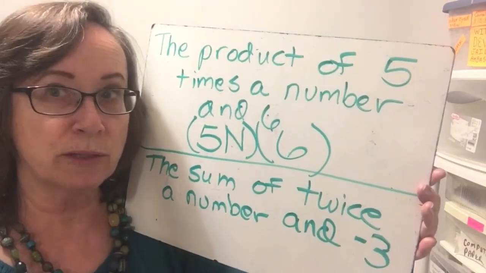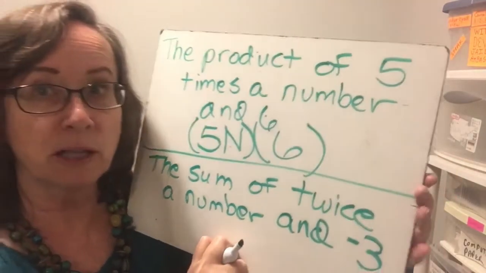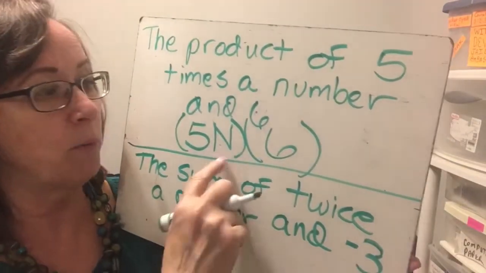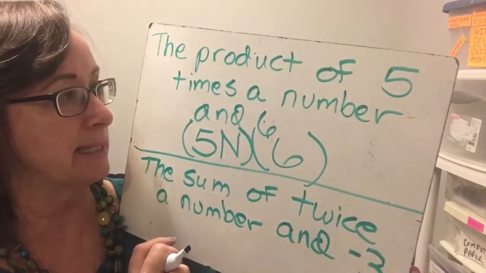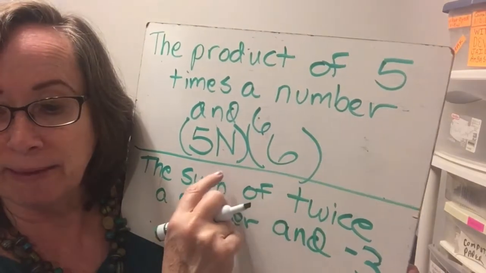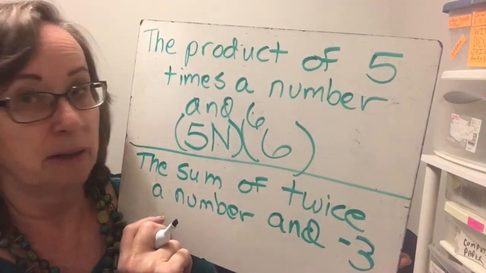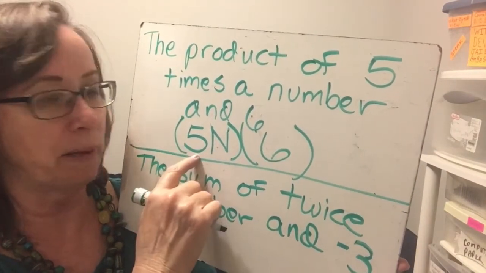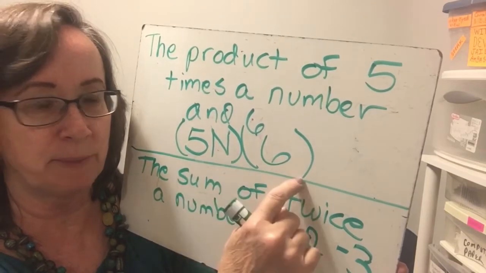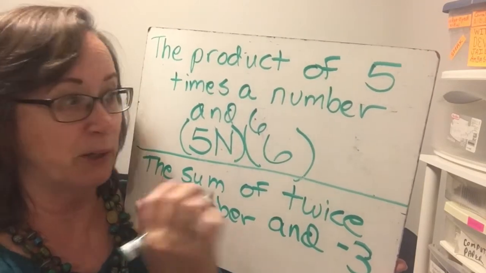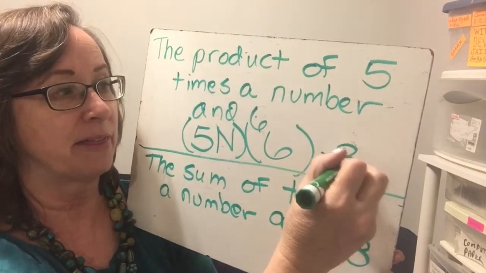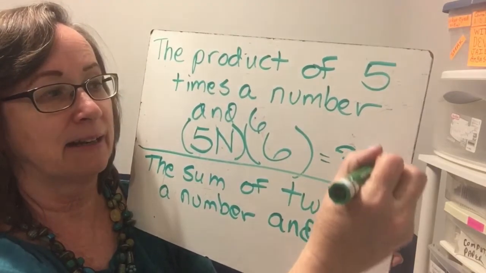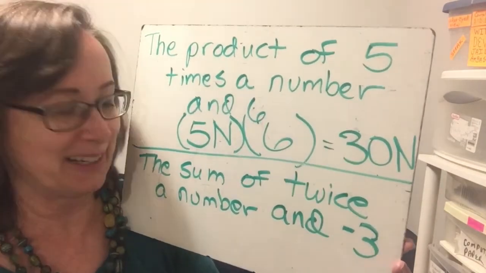Now, we could use the times sign. We could use a little dot in between them, or we can put them in parentheses. But we could make this simpler by multiplying 5 times n times 6 together, and we could get 30n. And we'll work on that some more later.